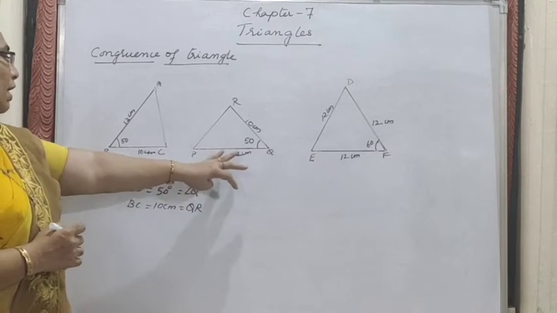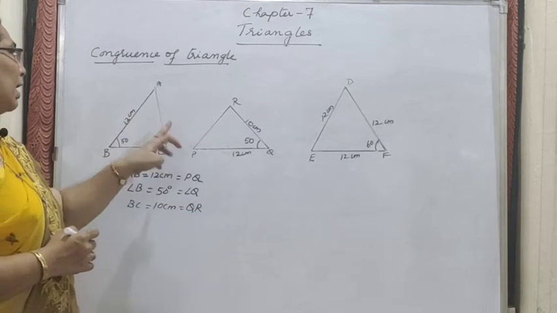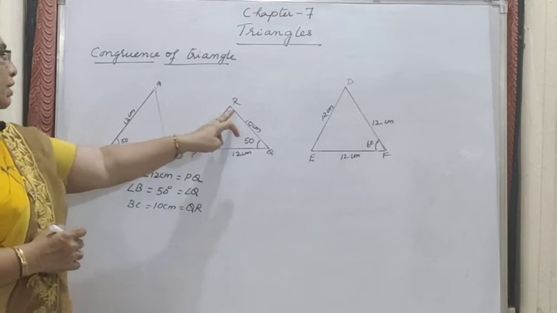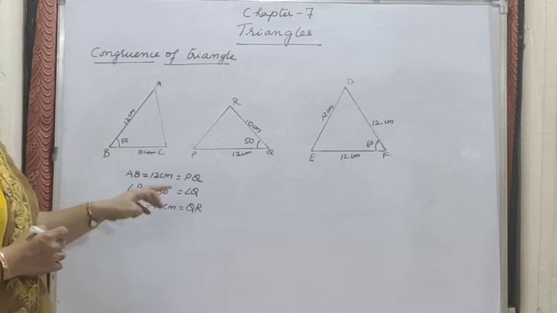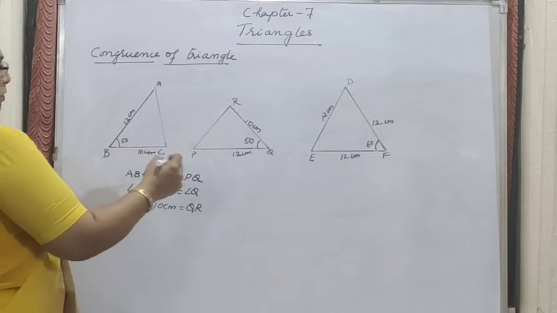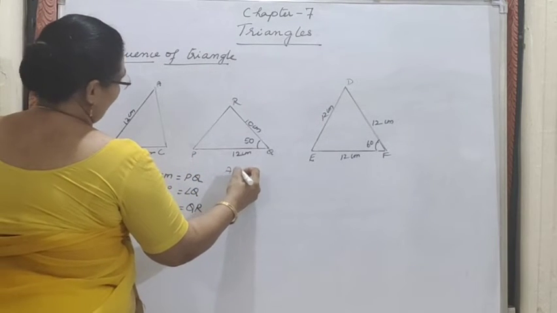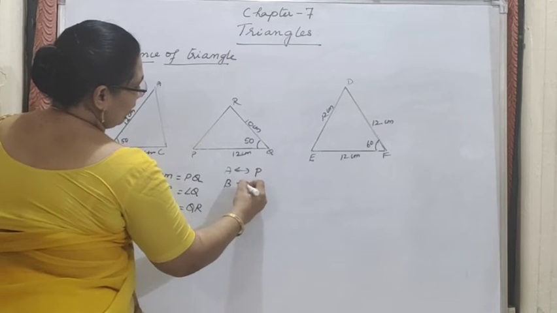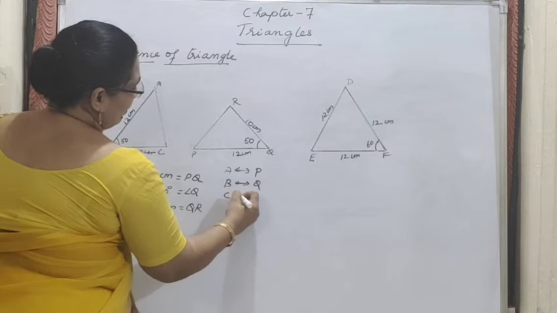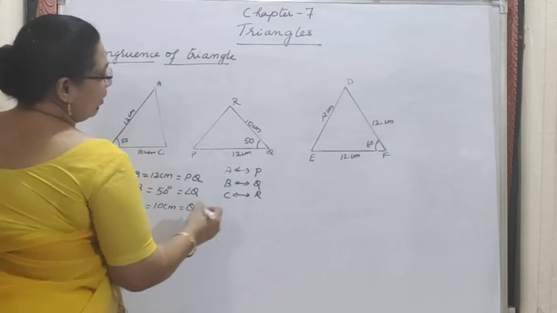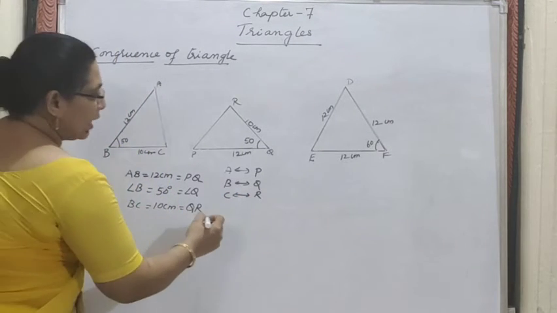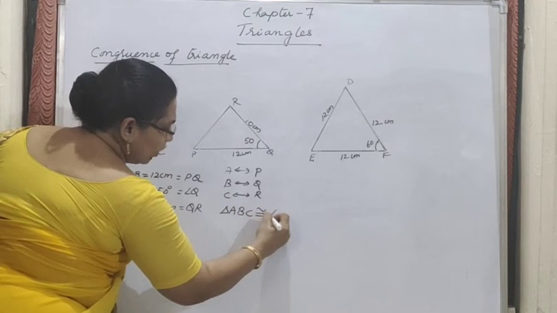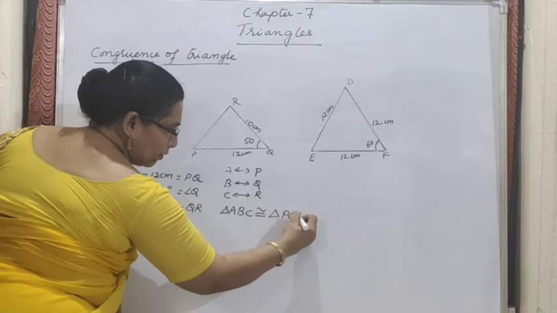Once we arrange this triangle, P is on A, Q is on B and R is on C, then we are getting a correspondence between A to P, B to Q and C to R. Then what is the meaning of this one? Triangle ABC is congruent to, in this order only, triangle PQR.